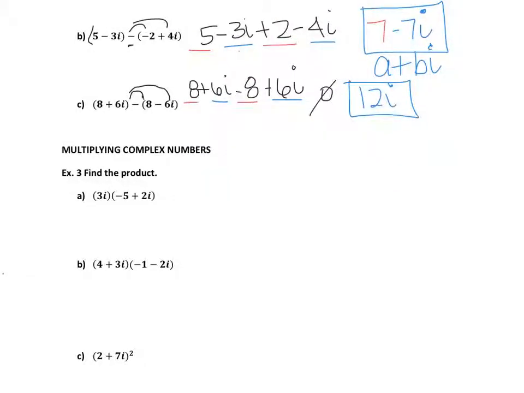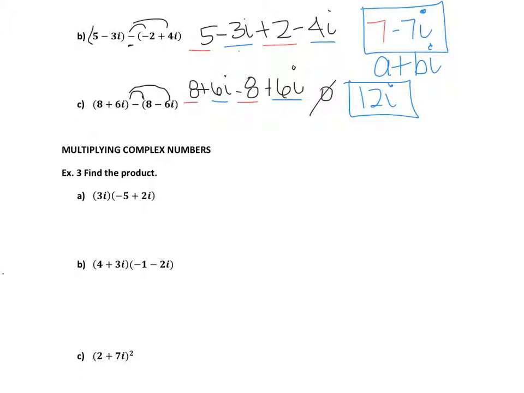Notice here there's no sign, no plus or minus in between. So that is what tells me that I need to multiply. So pay very careful attention that you're not adding instead of multiplying, or multiplying when you should have added.